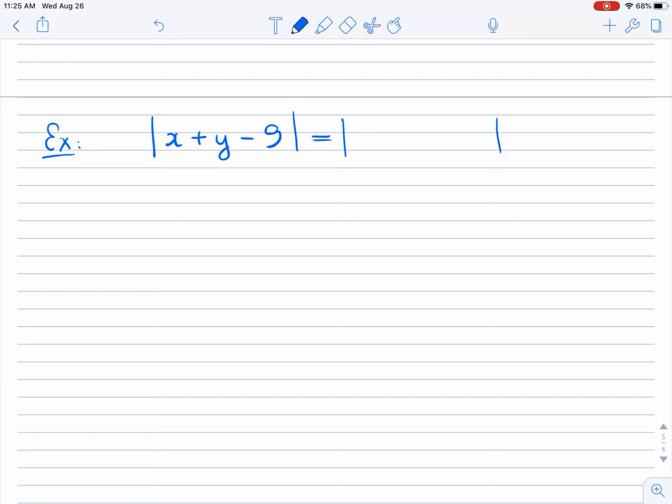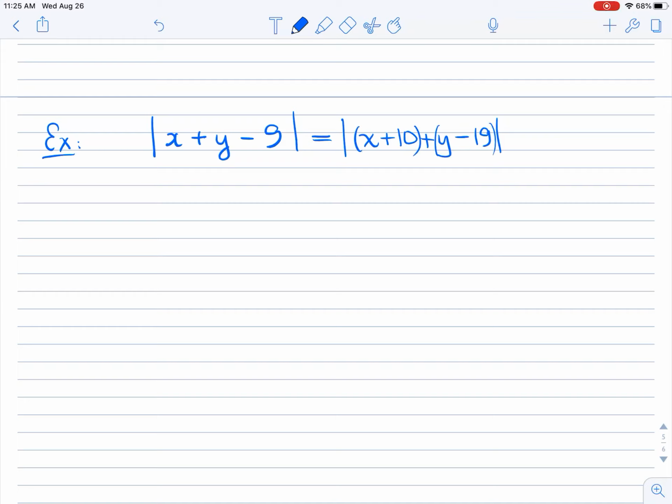I could do anything in the world as long as they're equal. I could write this as x plus 10 plus y minus 19. It's a free country. These are equal, right? They're both equal to the absolute value of x plus y minus 9.